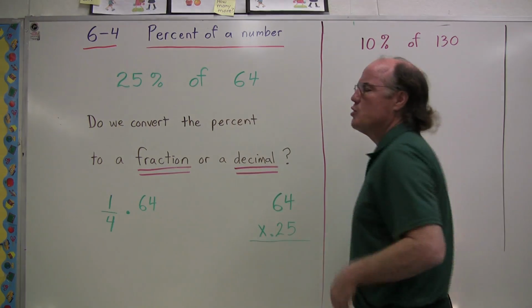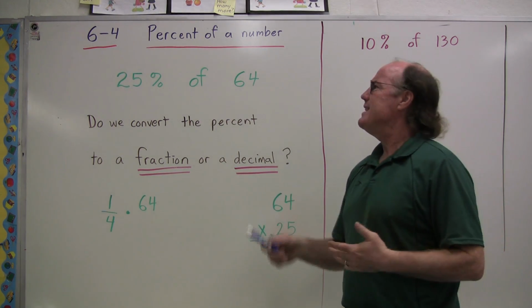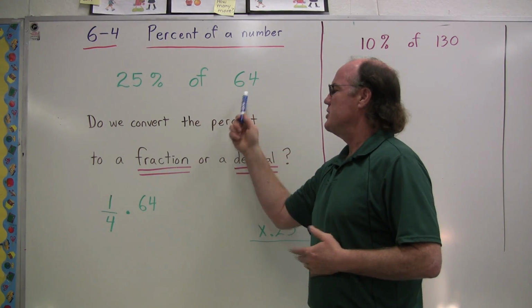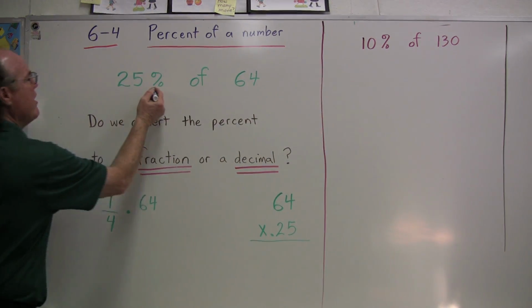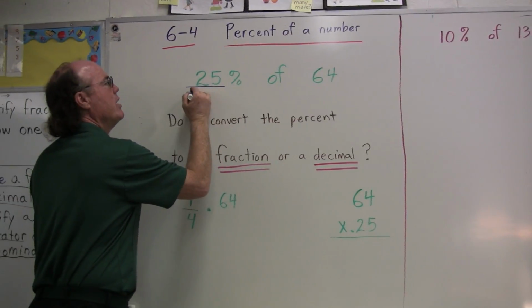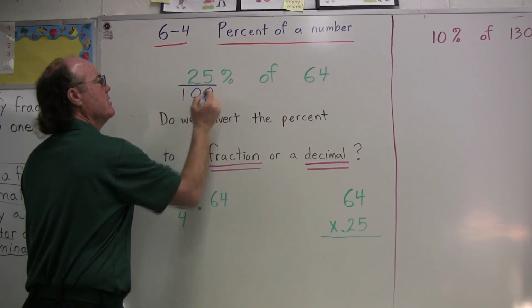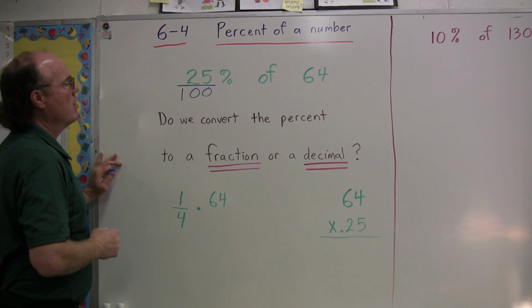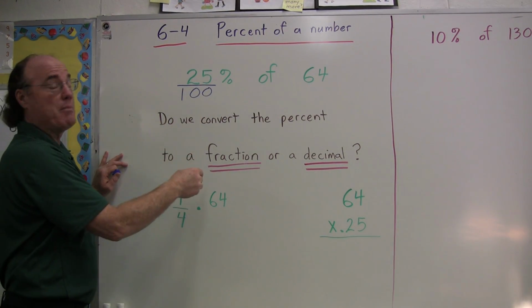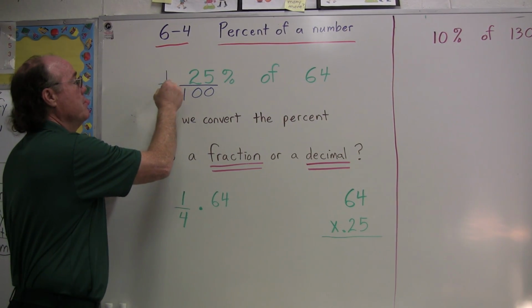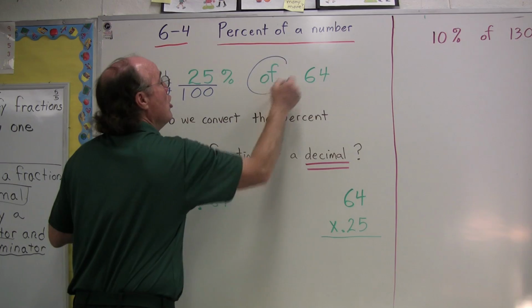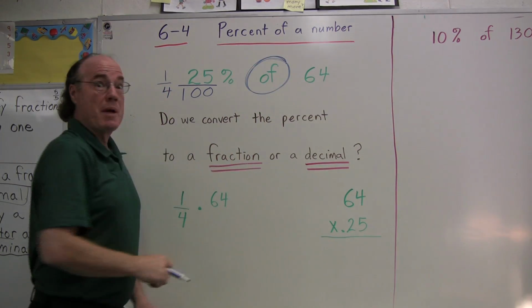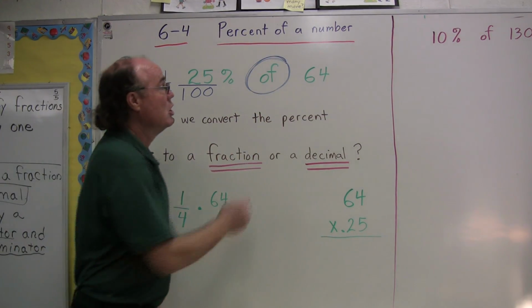25% of 64. So I want to find what number is 25% of 64. Now, we have already learned that 25%, if we want to find the fraction, is 25 over 100. If we reduce that by 25 on top and bottom, it's 1/4. There's the 1/4. Now, kids, let's all remember this for the rest of our lives.